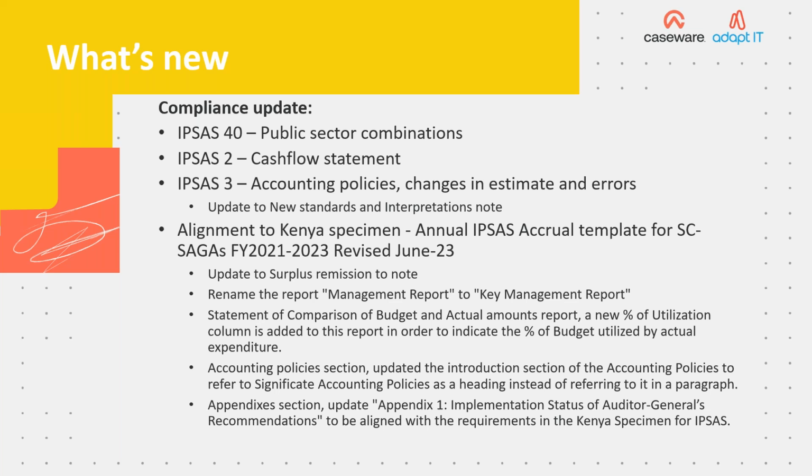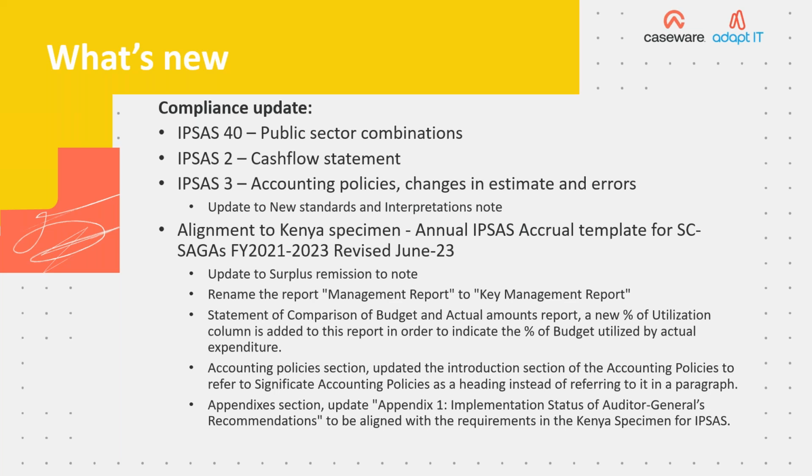For that, we have updated our IPSAS template with the public sector combinations as per IPSAS 40. We've made some changes to the cash flow statement as per IPSAS 2, specifically regarding the reconciliation of the liabilities that impacts the financing activities, a requirement as per IPSAS 2.